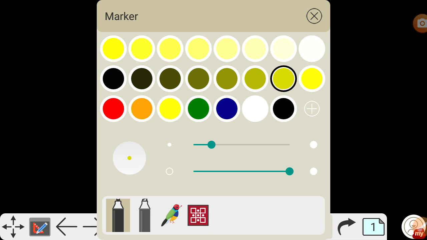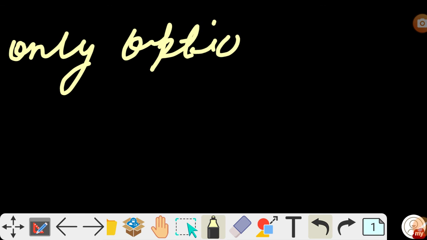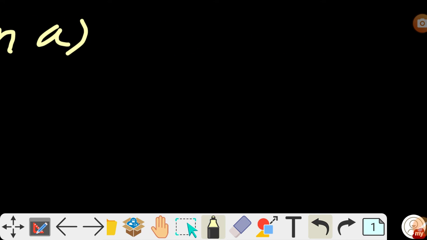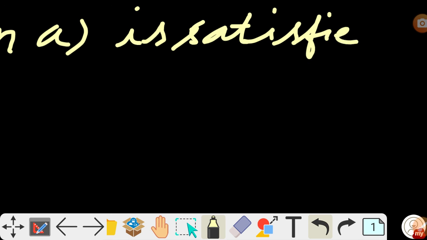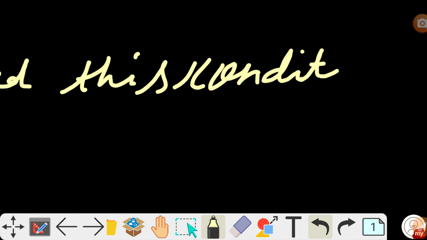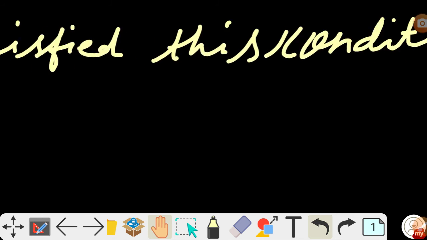So by using the options, you can see only option A satisfies this condition.